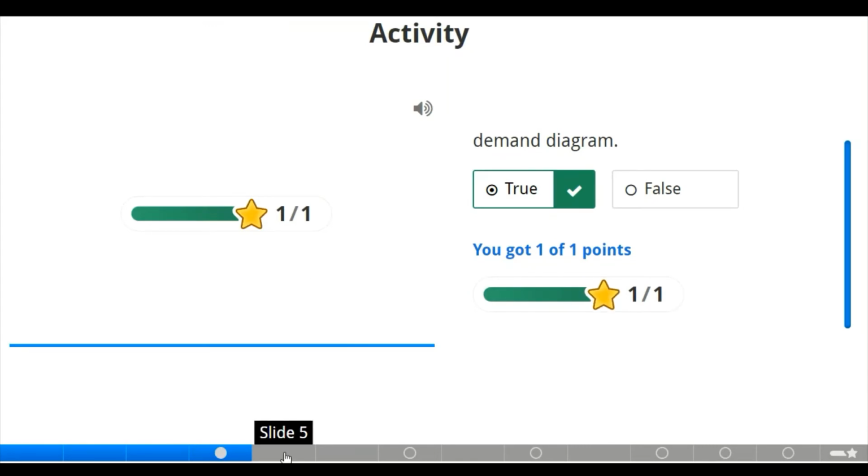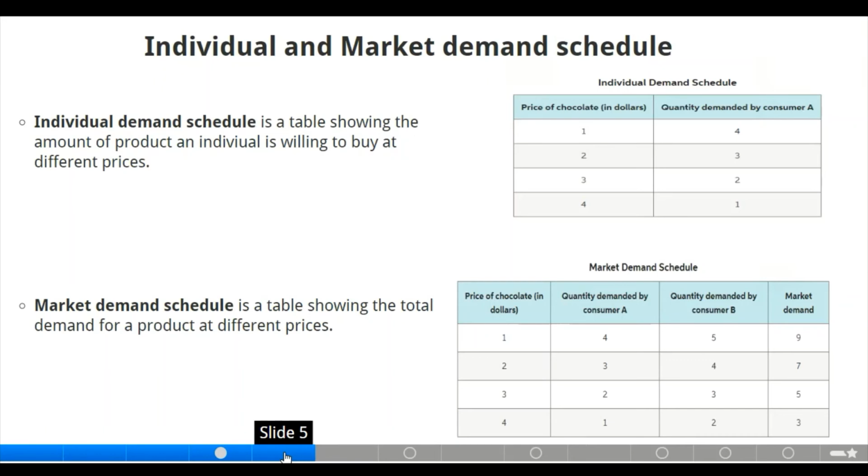Now moving to the next slide where we have individual and market demand schedule. Want to know the difference between individual and market demand schedule? Now, individual demand schedule is a table showing the amount of products an individual is willing to buy at different prices.